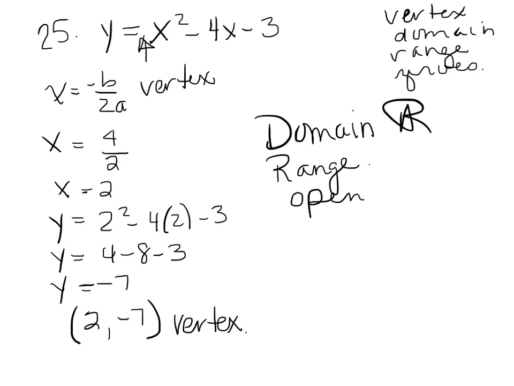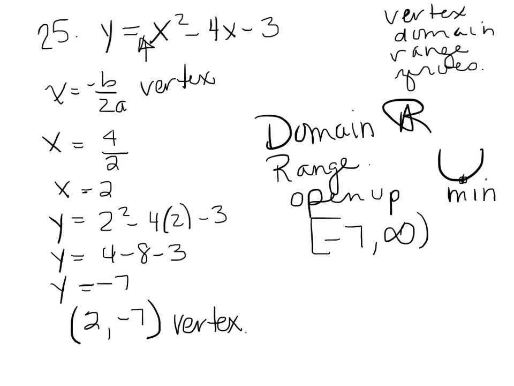So open up means that this vertex is a minimum, which means the range will range from the minimum up to positive infinity. So our minimum value of y is negative 7 to infinity, then will be the range. And it can't equal negative 7, so I have to put a square bracket.